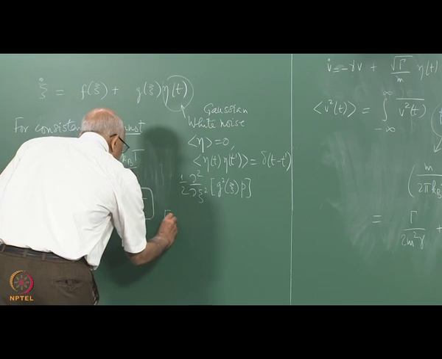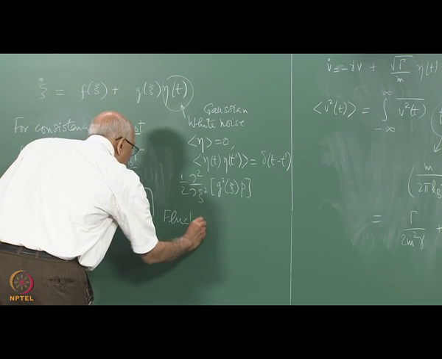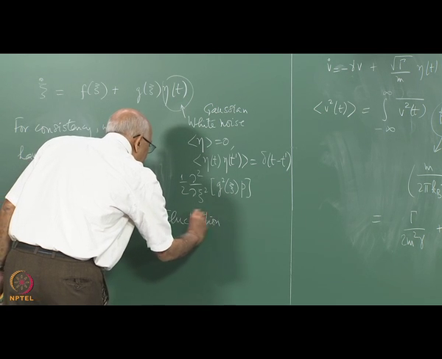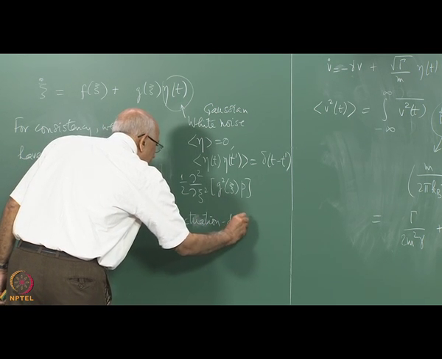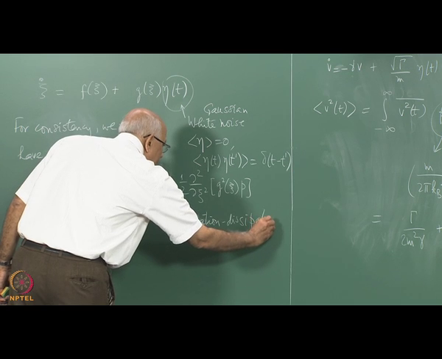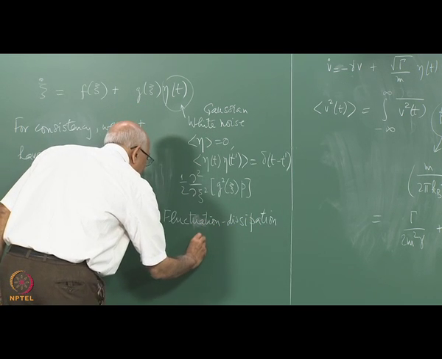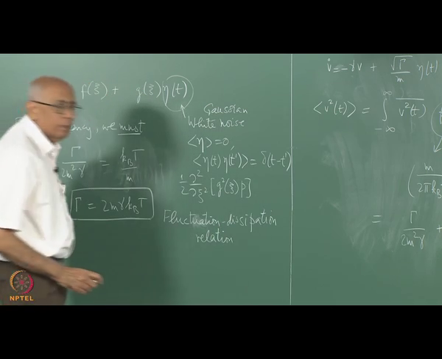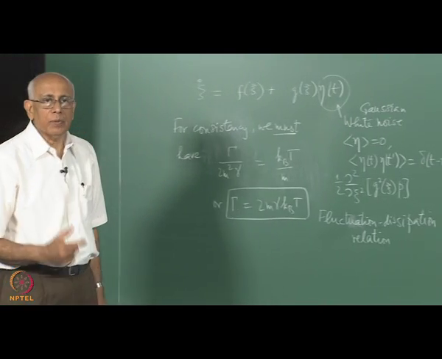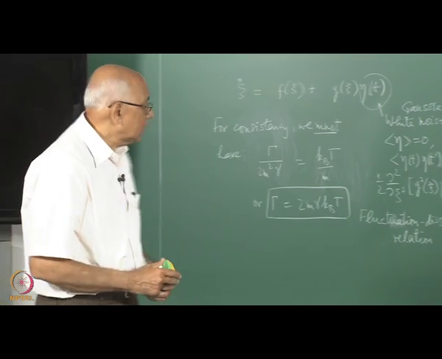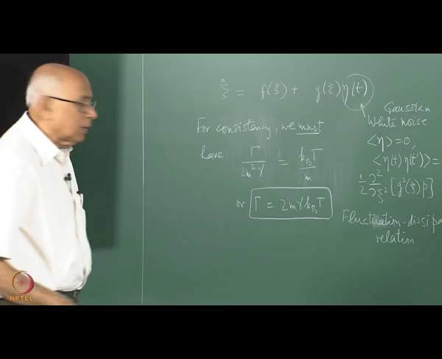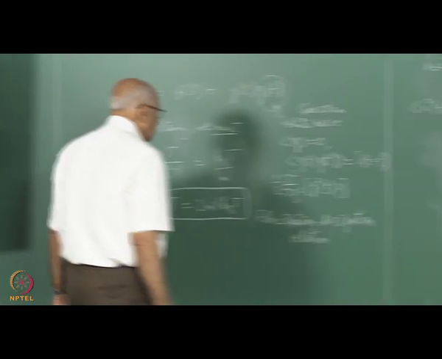It is called the fluctuation dissipation relation or theorem, if you like, in some case. We will come across more further examples of this, but this is the simplest of the lot.